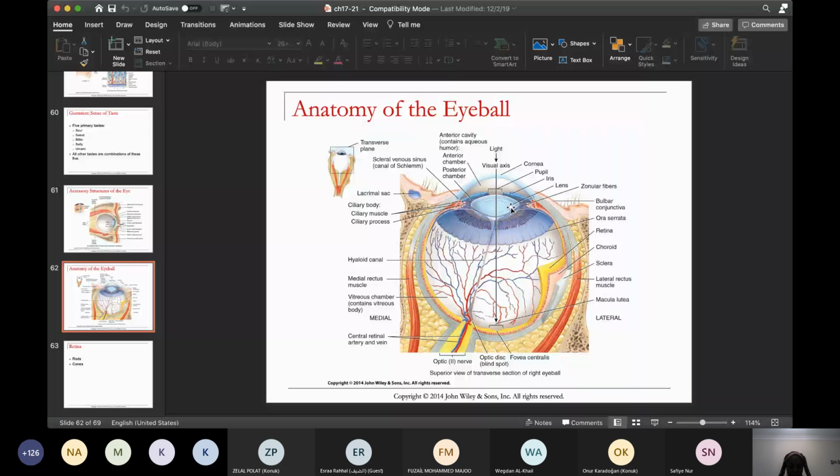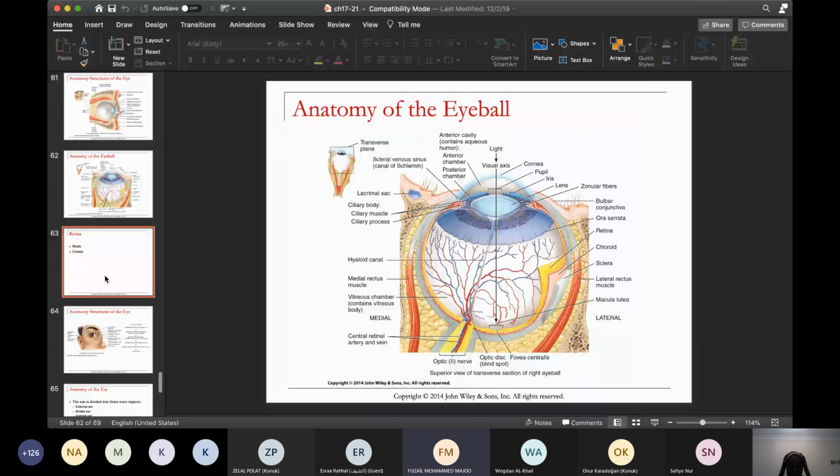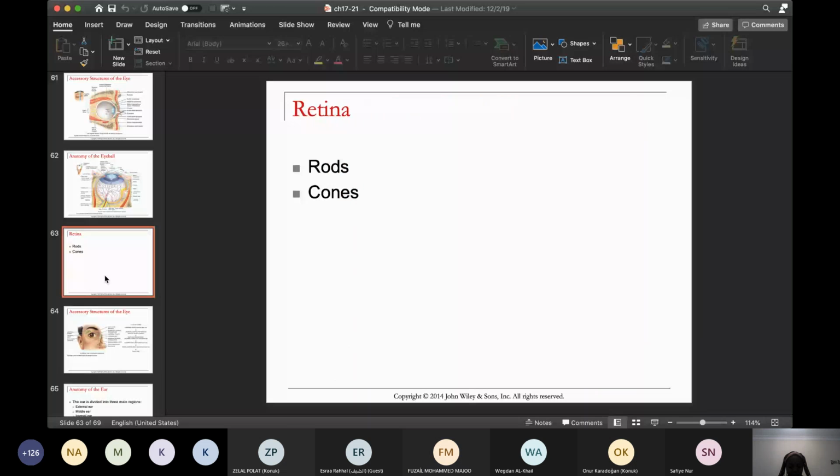That's their job. When you talk about rods and cones, all right, we're talking about photoreceptors. Photoreceptors are specialized cells that we find in the photoreceptor layer that process the light rays that eventually end up being converted into nerve impulses.